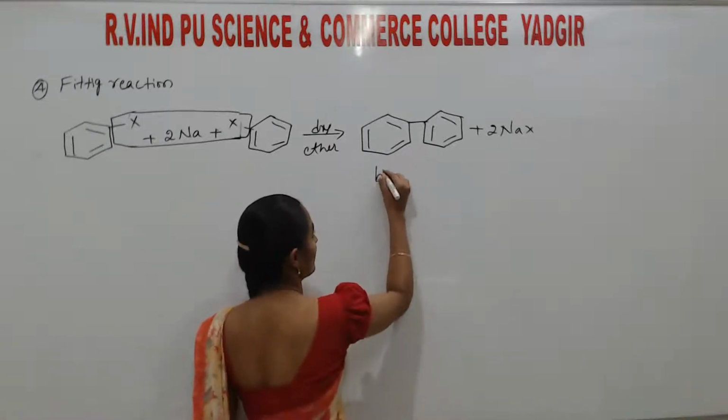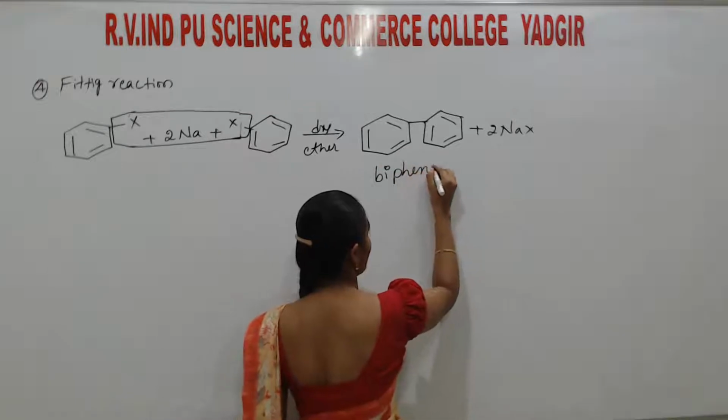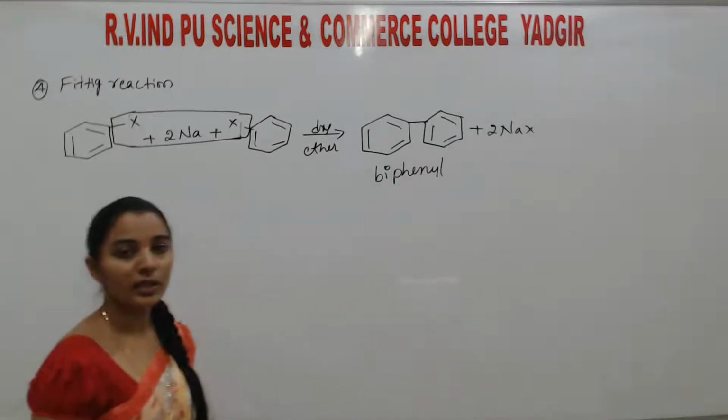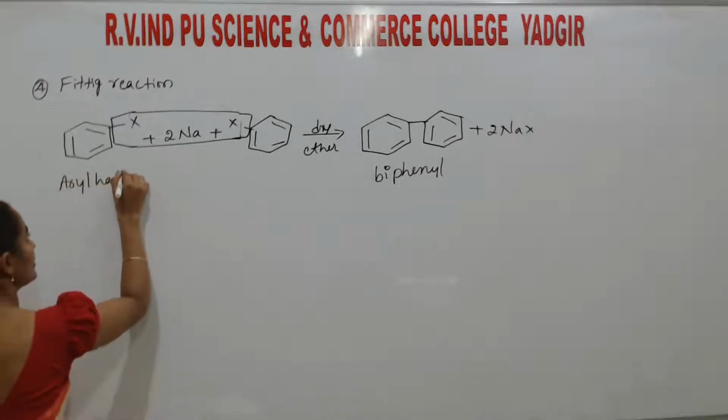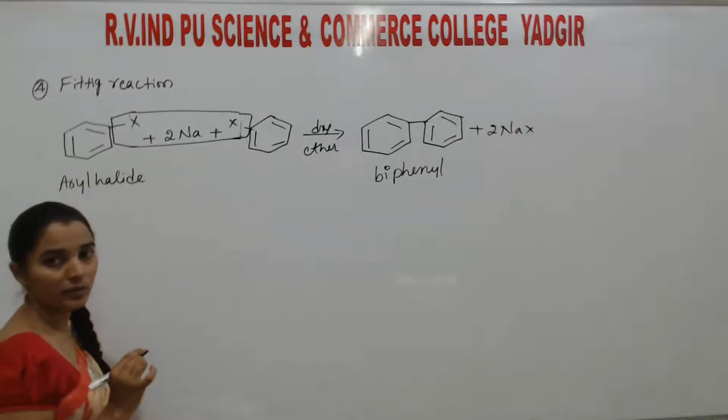So this one is biphenyl, meaning two phenyl groups. This one is aryl halide, or haloarene you may say.